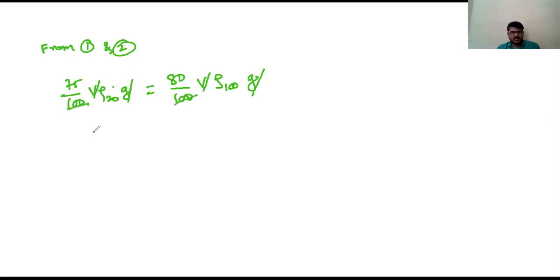And then you are getting something, or else you can cancel like this also. Choice is yours. This is 3 by 4, and this is 4 by 5. So here you are getting 3 by 4 rho 20 is equal to 4 by 5 rho 100. अब एक काम करो, रो 20 का वैल्यू, you know what is rho 20?